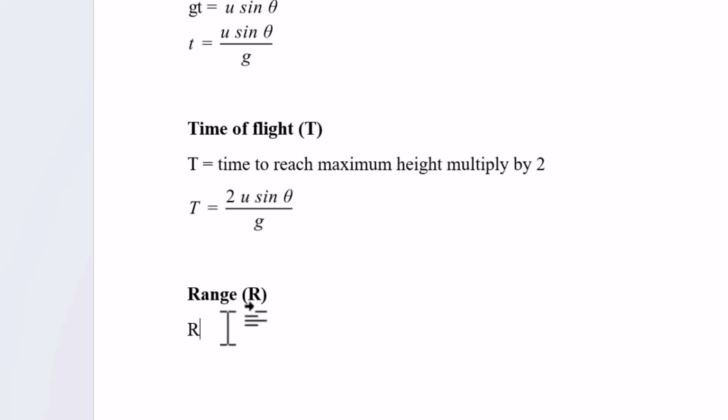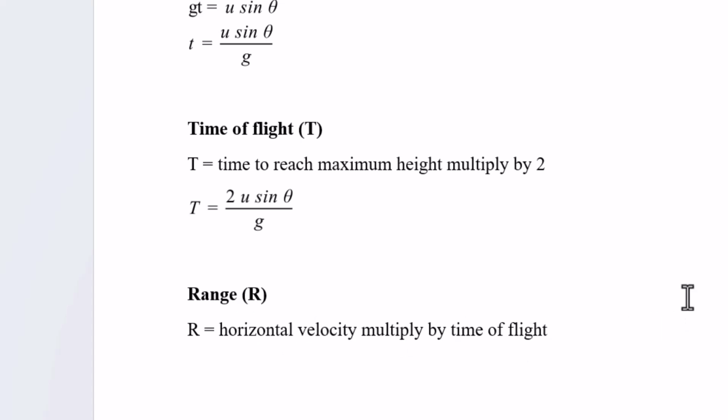R is going to be the horizontal velocity, remember the horizontal velocity I derived the other time, multiplied by the time of flight. So this is the formula for range, horizontal velocity times time of flight.